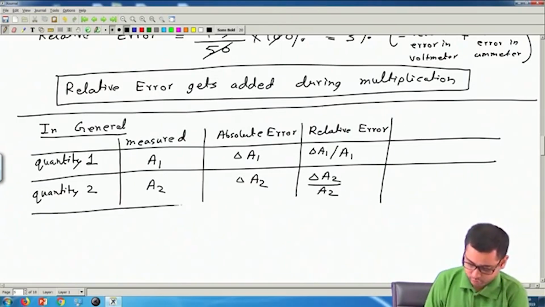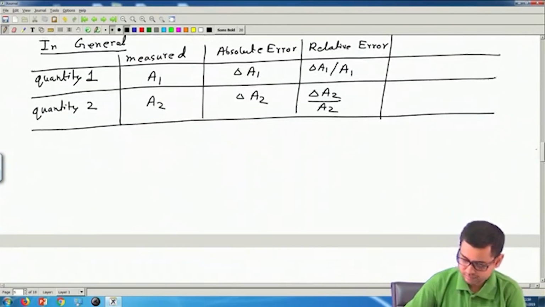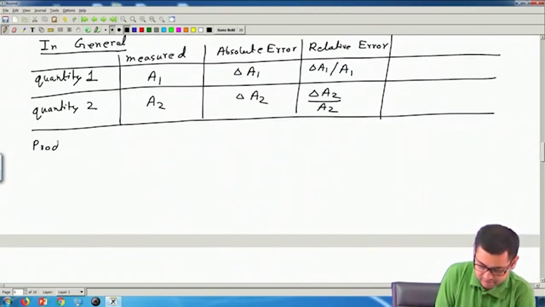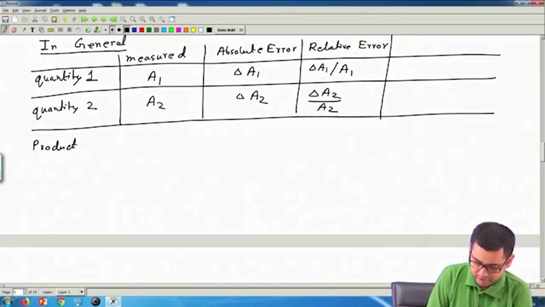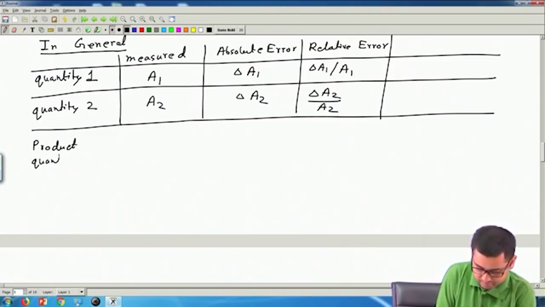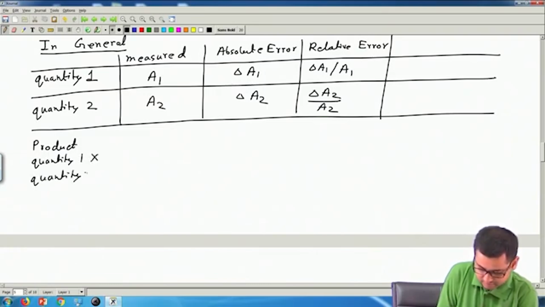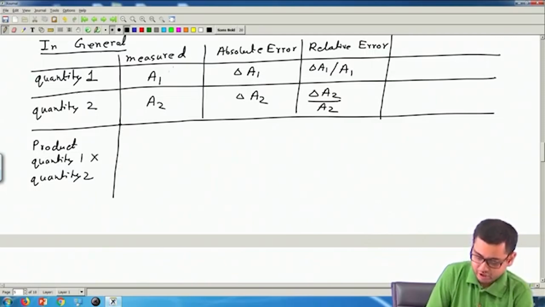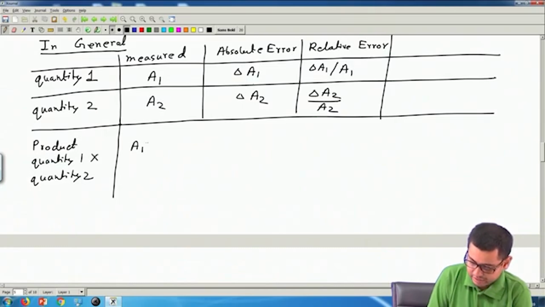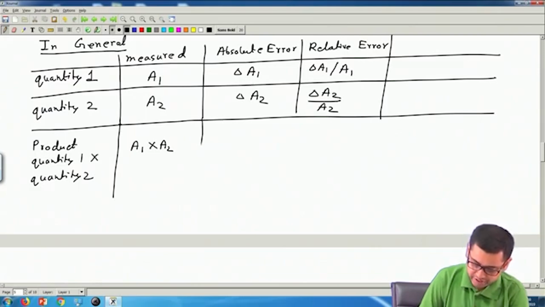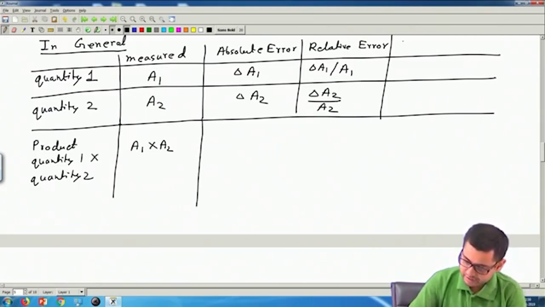Now let's consider the product. That means quantity 1 times quantity 2. Its measured or estimated value will be A1 times A2. Now let's write the true value here.